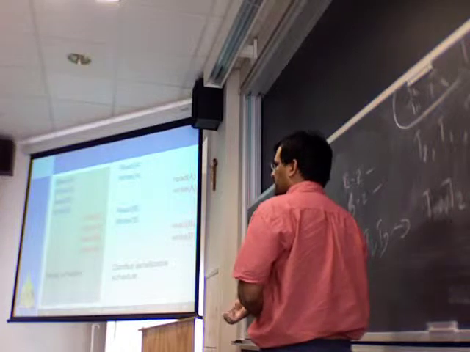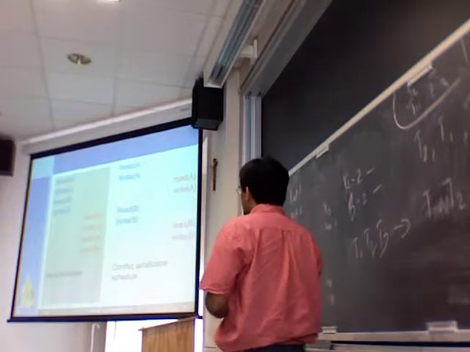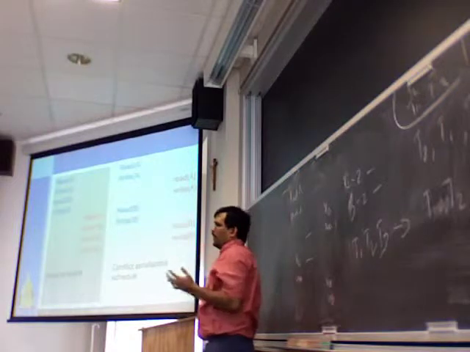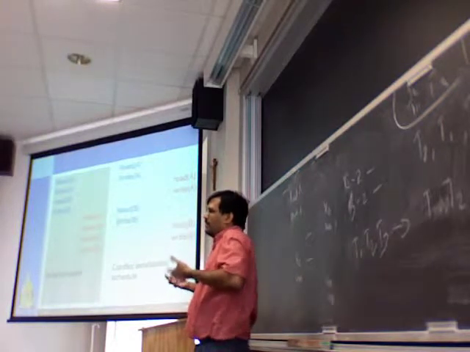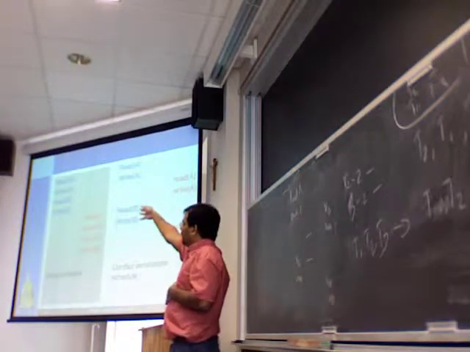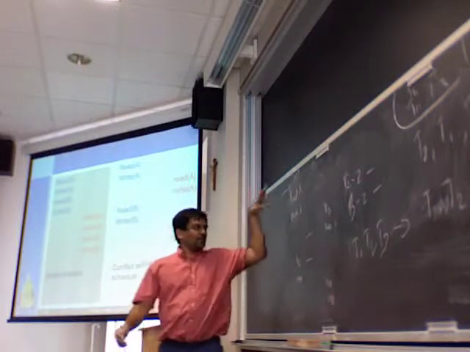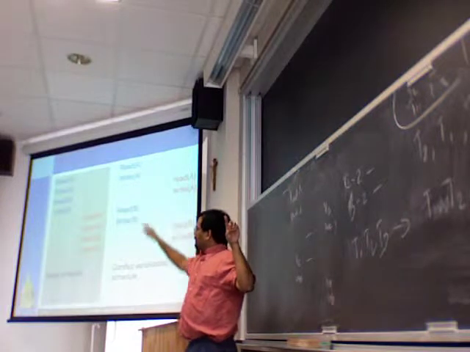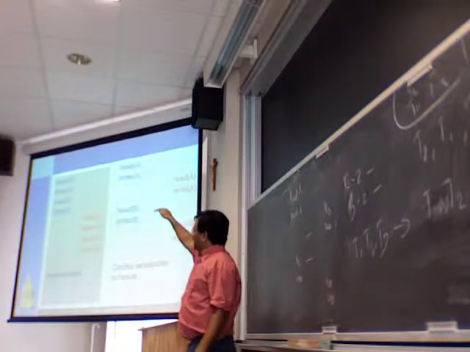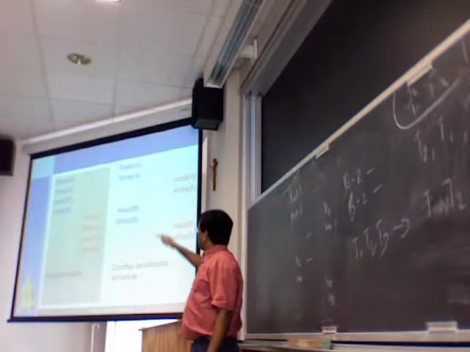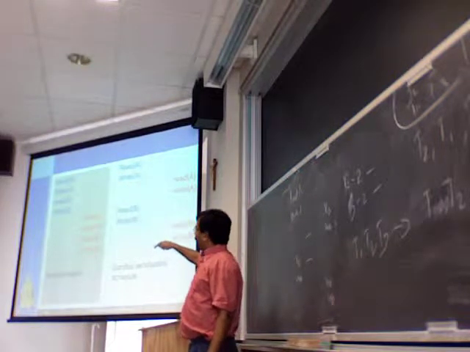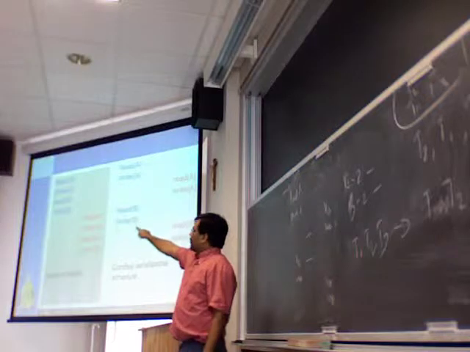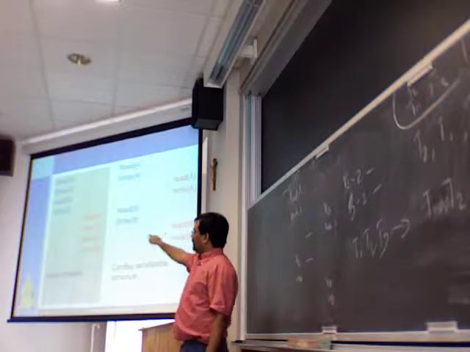Does that make sense? Essentially, you're trying to say, conceptually, this is what I want to achieve. Is there a way I can do this in parallel and still make it look like I'm there? If you do it like this, there is no way you can make it look like that, because that says you have to do read A, write A, read A, write A, and then read A, write A, read A, write A. So whatever was left over from the last write is what should be read by the first one.